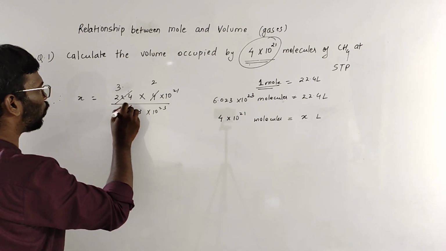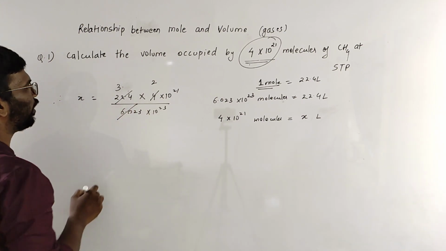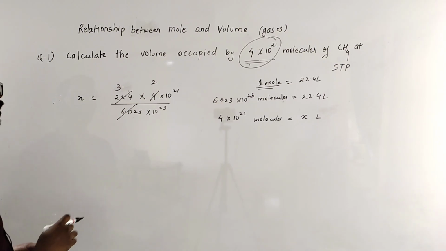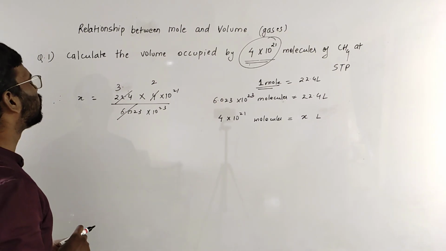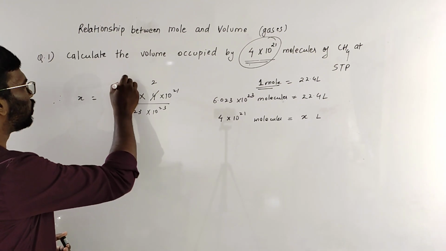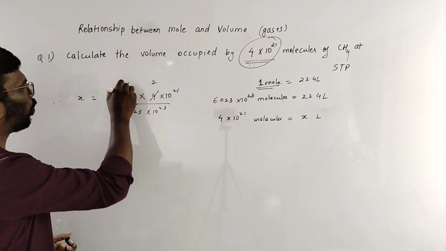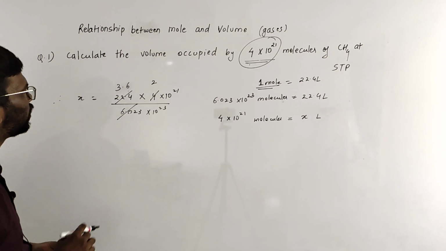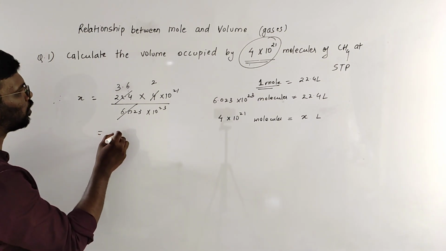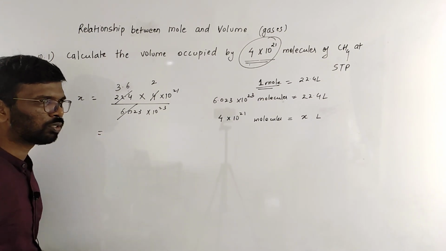This is 6.023, right? Approximately we can cancel this by 3.6 something, right? 3.6 it will come, and this is 3.6 into 2.